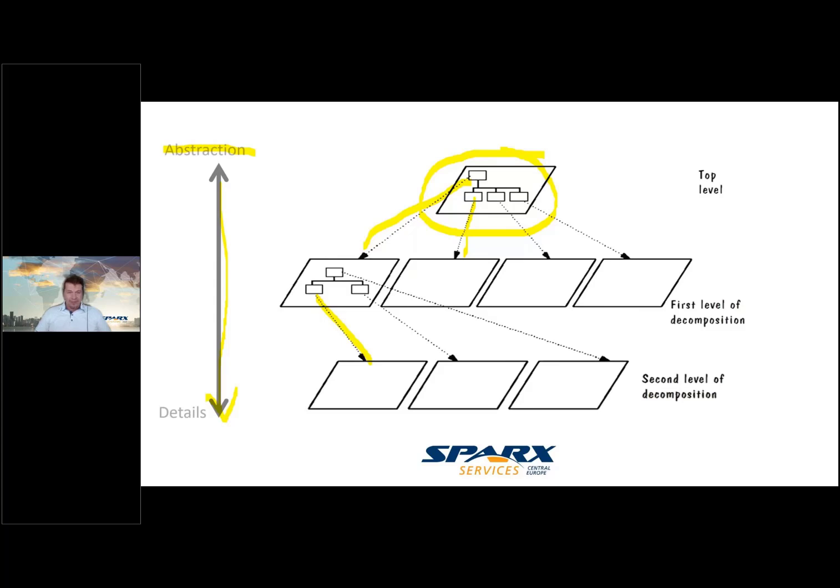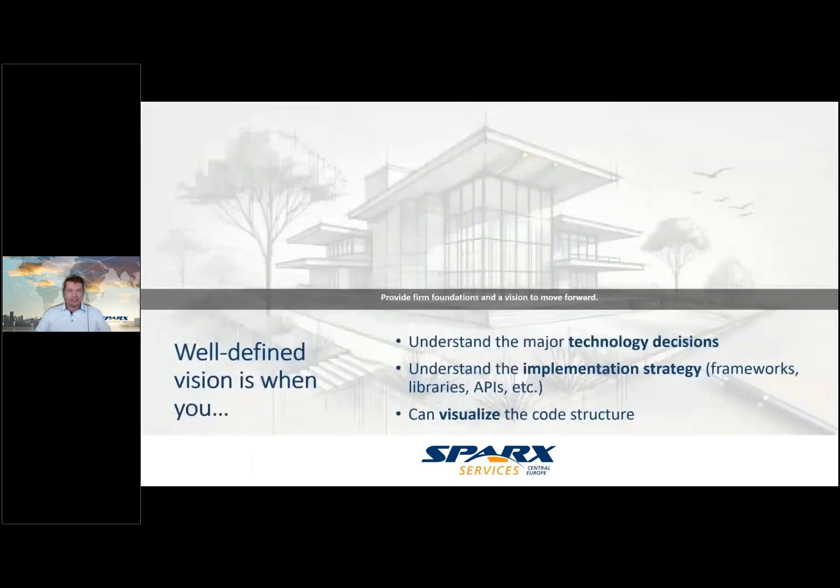Okay. So that was the architecture structure. There is something more to architecture description, and the more is that you need to understand the technology decisions. Some people just draw boxes, not even touching each other, not even mentioning any technology, how these two blocks will communicate with each other through which protocol, or what technology this is going to be developed with.